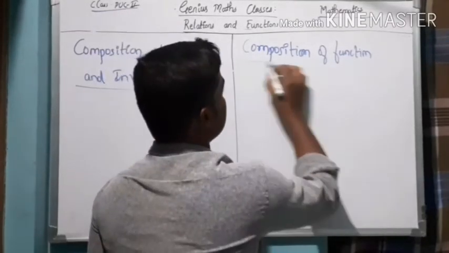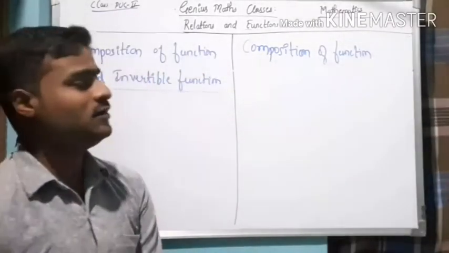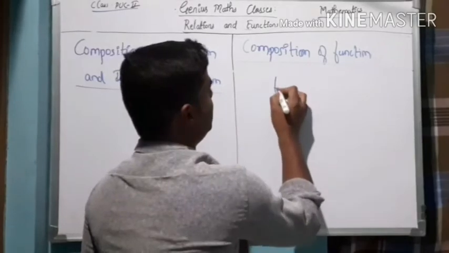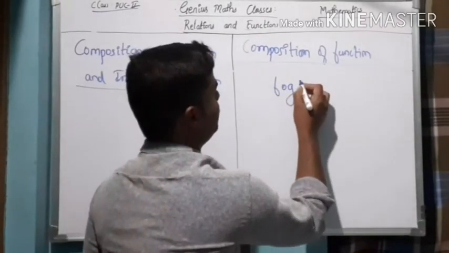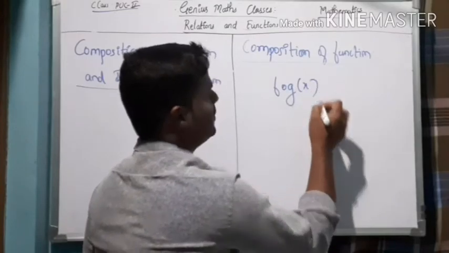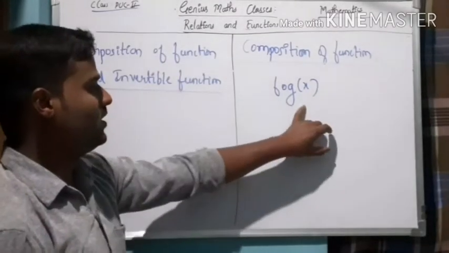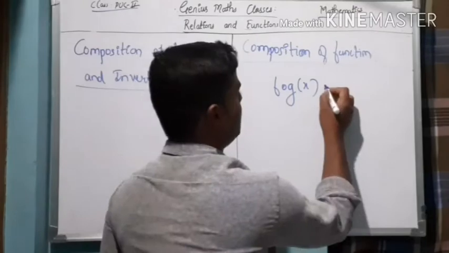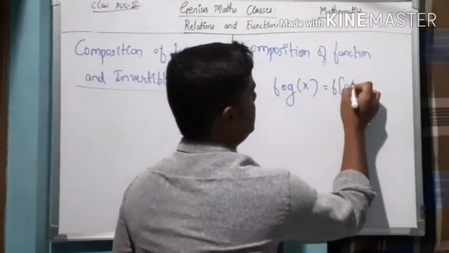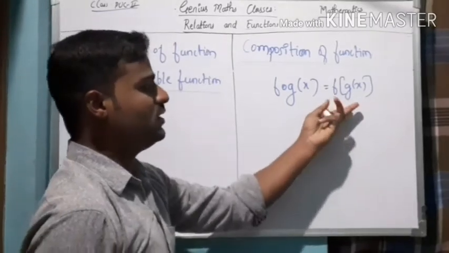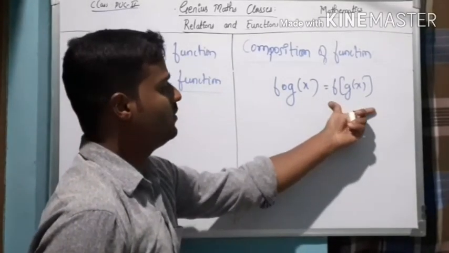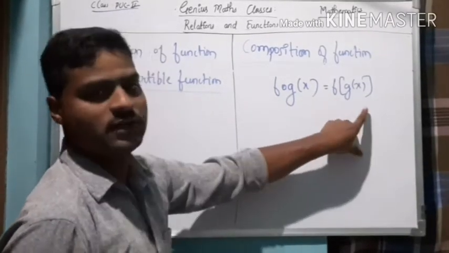You can also call it a function inside another function, and I will denote it as f not g. Using the parameter x, you can define f not g of x, which is equal to f of g of x. That means the g function is contained in another function f, so you have to define both these functions.